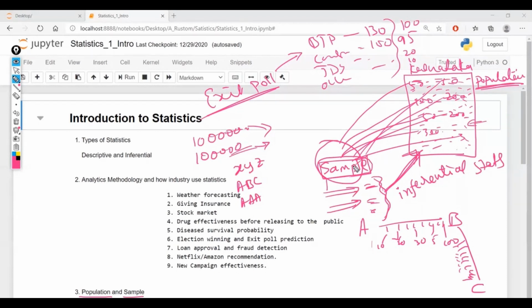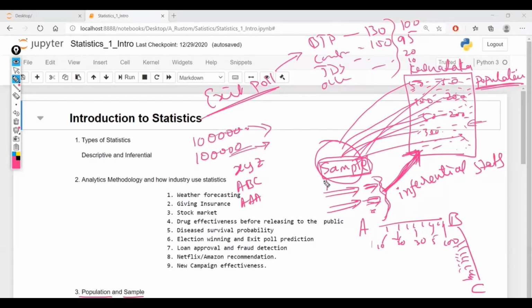So for that, I have taken some sample, taken opinion from the sample data, figured out some number, and I'm referring that this opinion belongs to the population opinion.